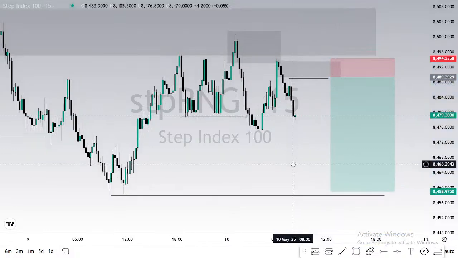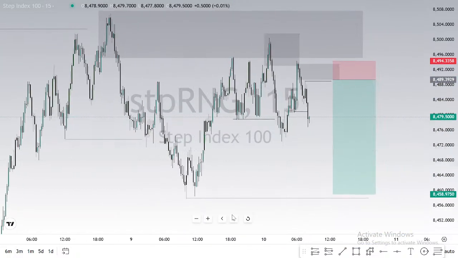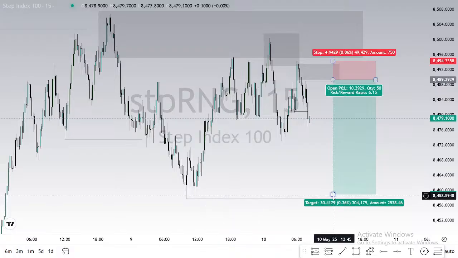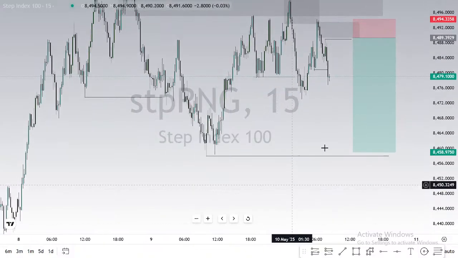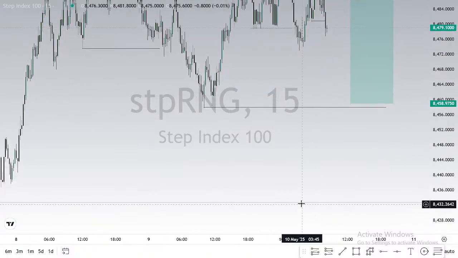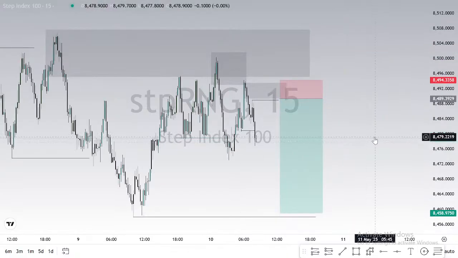This is my view on step index 100. This is my current view until market proves me otherwise. But currently I am looking for a sell continuation for us to take this low. I can't be so sure if it is going to come back to take this low until it is taken. So this is my verdict on step index 100. This is my entry level. Okay.